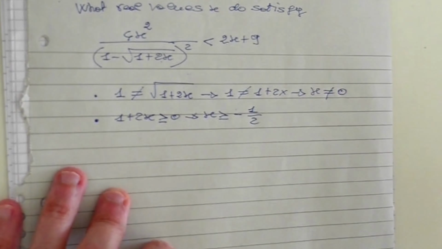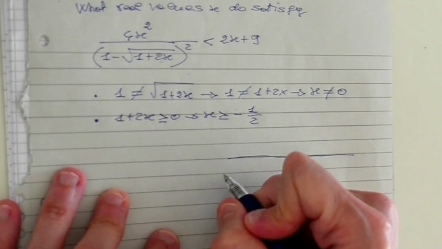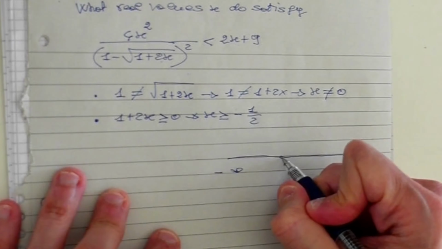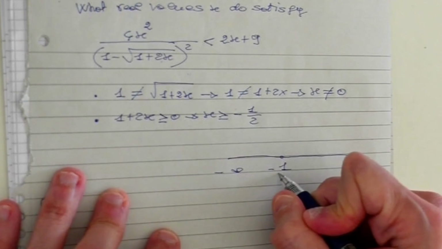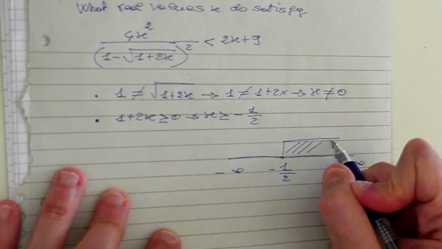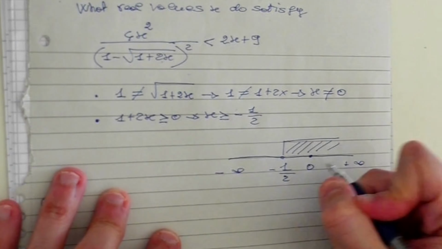Again, we visualize this situation as follows: minus infinity, plus infinity, minus 1/2. We'll consider all those values except for 0.